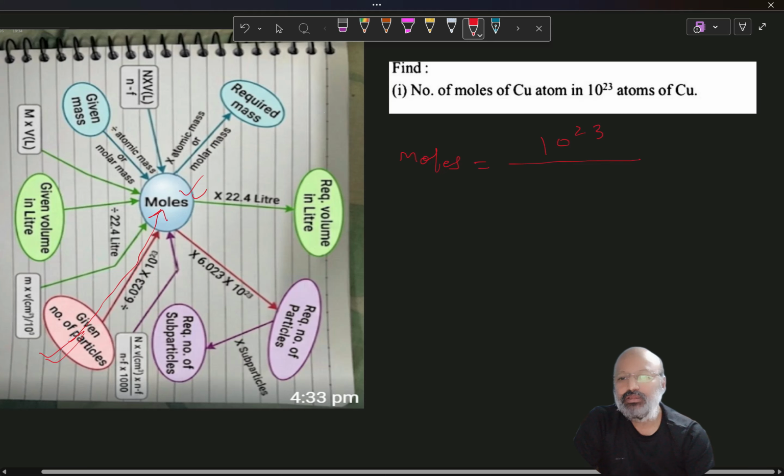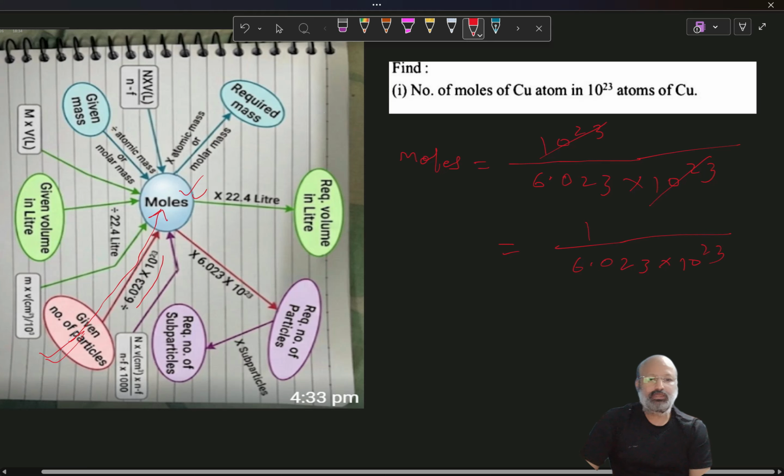And then you need to divide this value by the Avogadro's number, that is 6.023 into 10 to the power 23. So that will cancel off and the answer is 1 upon 6.023 into 10 to the power 20. That is the answer. I hope you understood that.